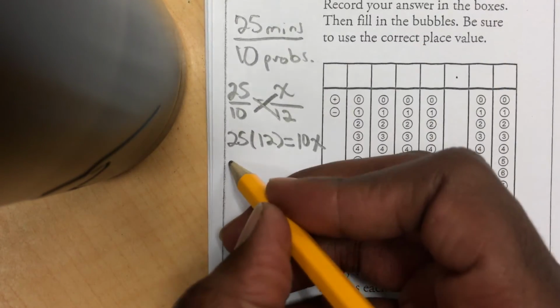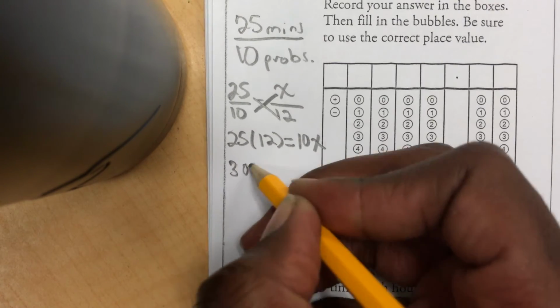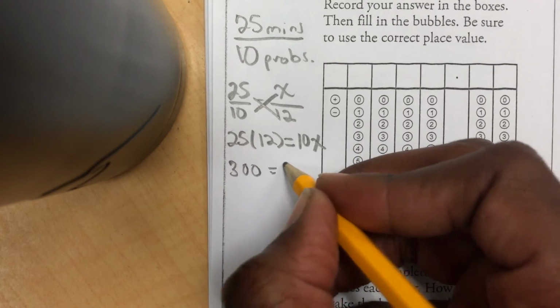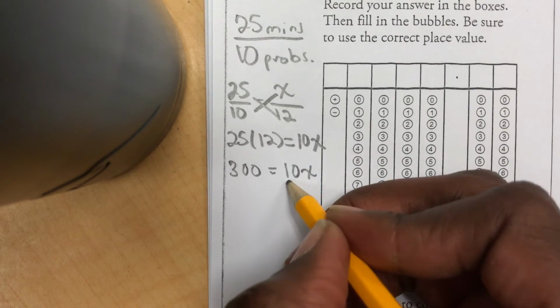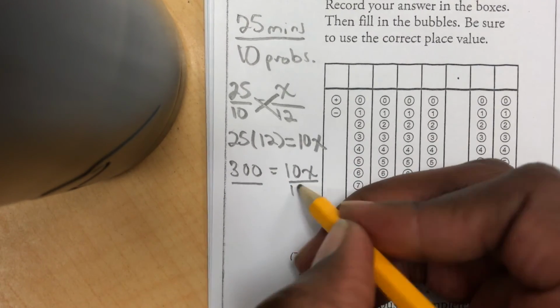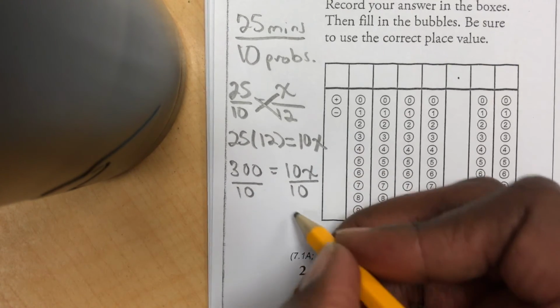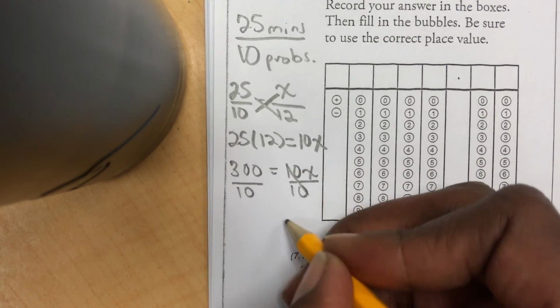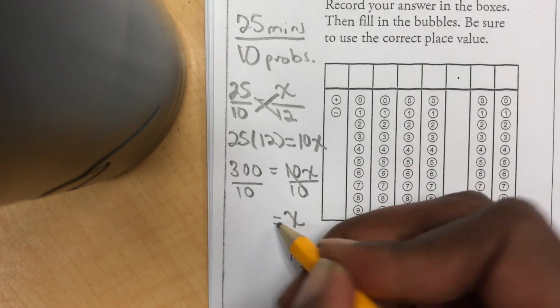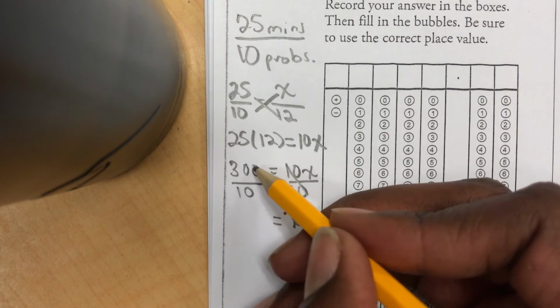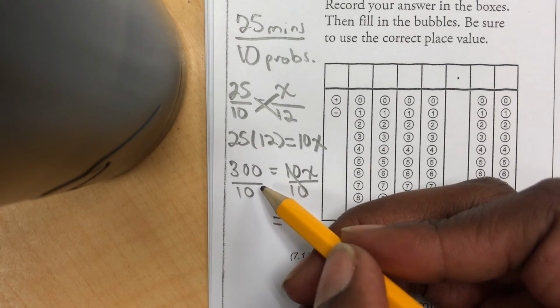So now I know 12 times 25 is 300, and that's equal to 10x. I divide both sides by 10. My 10's cross out, my x drops down, and since I'm looking here, I can remember the power of 10.